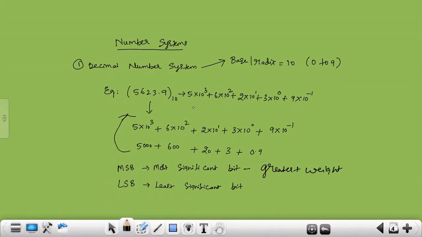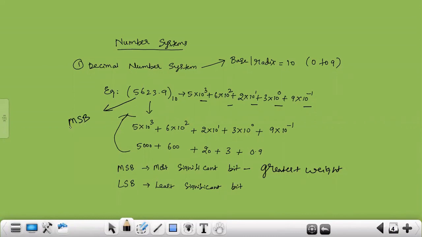In all these places, which has more weight? 10 power 3 is the greatest weight, so this bit is my MSB.